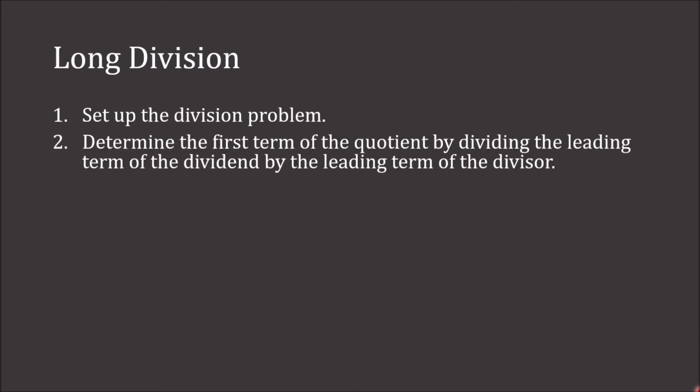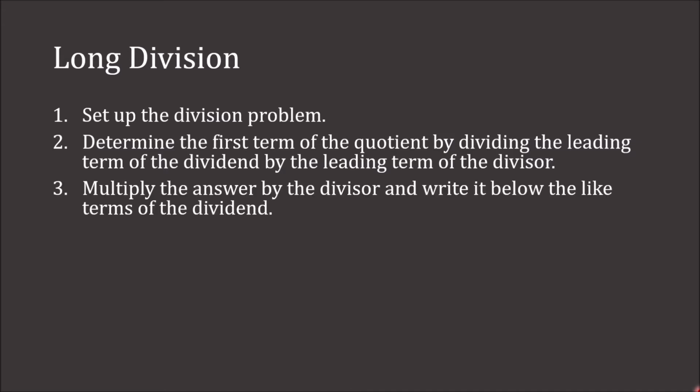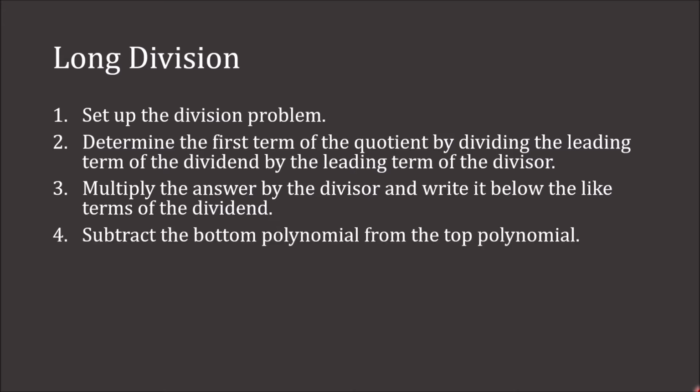So to use polynomial long division, first set up the division problem. Determine the first term of the quotient by dividing the leading term of the dividend by the leading term of the divisor. Multiply the answer by the divisor and write it below the like terms of the dividend. Subtract the bottom polynomial from the top polynomial.